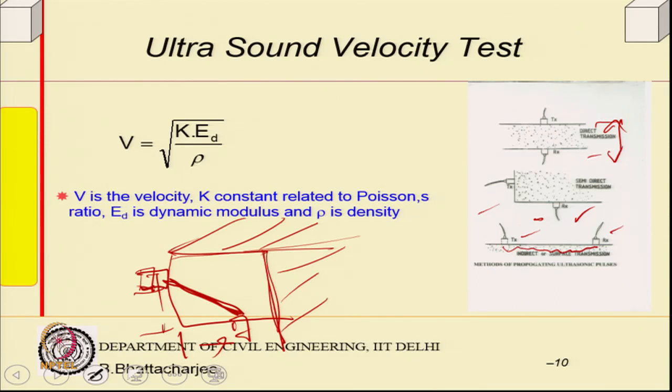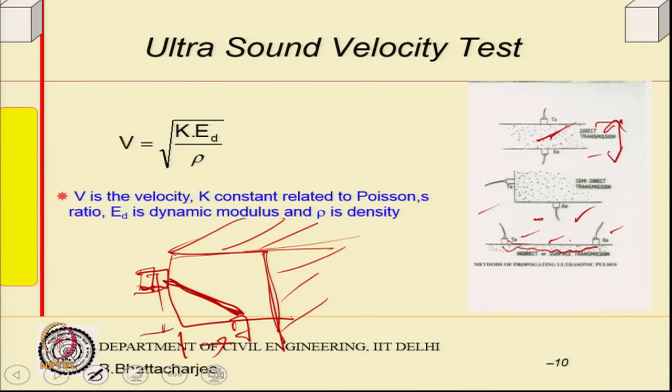Usually the velocity of this wave is less than the velocity of the P wave or the direct wave. So, you cannot compare this measurement result with the direct measurement result, because this will be measuring only the surface wave, whereas the direct measurement velocity is higher.